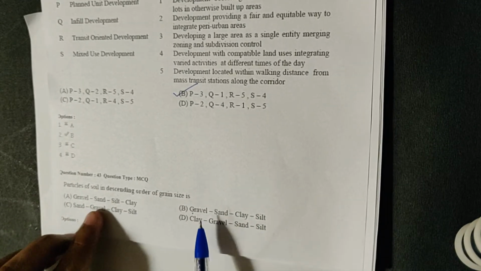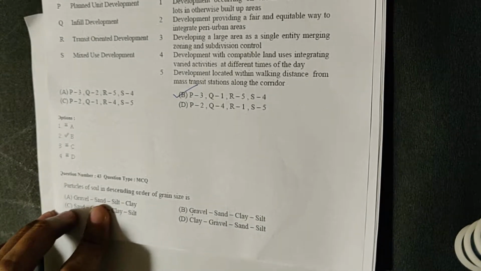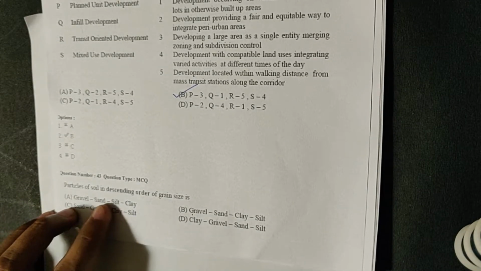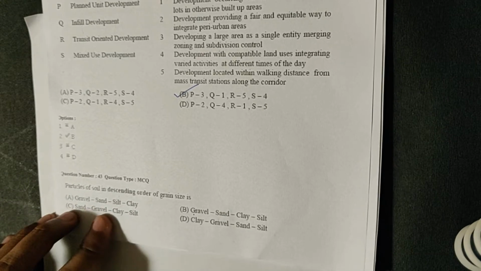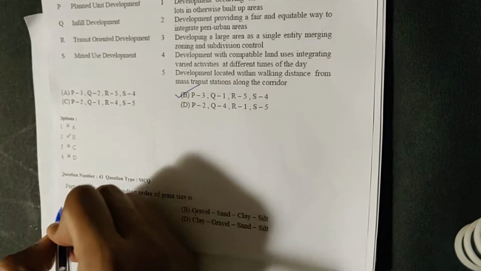When you break down gravel, you get sand. When sand is again broken down into pieces, it forms small silt particles, and from these particles the smaller version is clay. The answer becomes A.